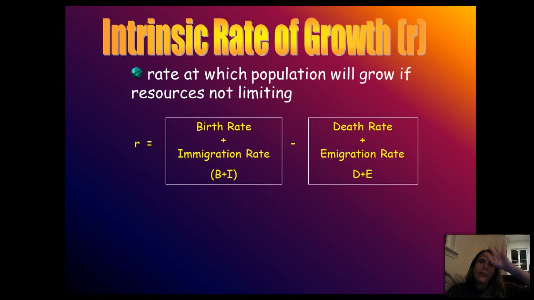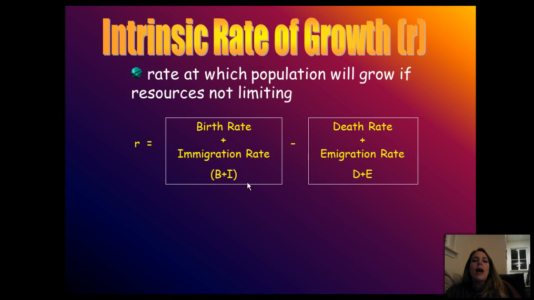Now, r is those individuals coming into the population minus those individuals leaving the population. Who's coming into the population? The new babies that are born and the immigrants that are coming in. If you add the birth rate and the immigration rate, that gives you this part of r. Those coming in minus those going out gives you your net intrinsic growth rate. Those going out are those that die, the death rate, plus those that leave, the emigration rate.